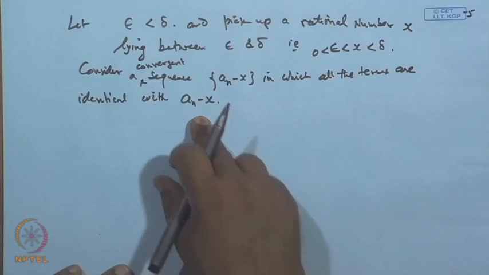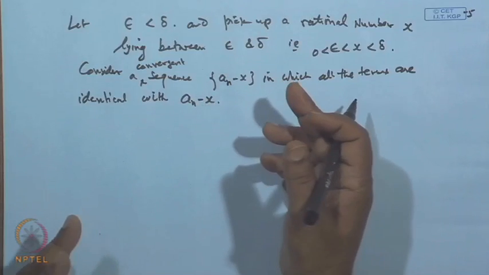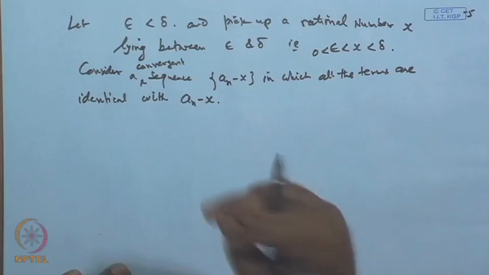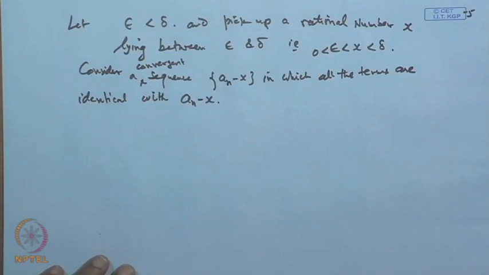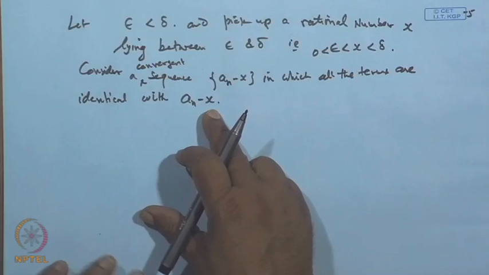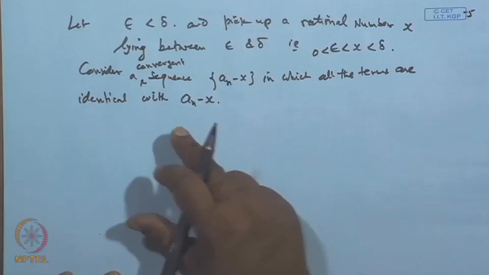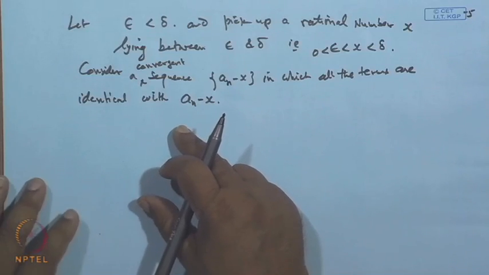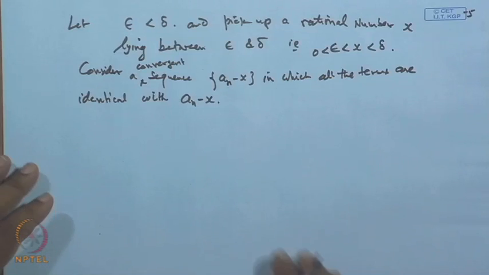Now, we can construct a sequence where each term is a_n minus x. Suppose I take 1, 1 is a rational number. I can construct a sequence 1, 1, 1, 1, 1, that is possible. So, corresponding to a rational number we can identify this. So, let us take a_n minus x as a sequence whose each term is identically equal to a_n minus x.